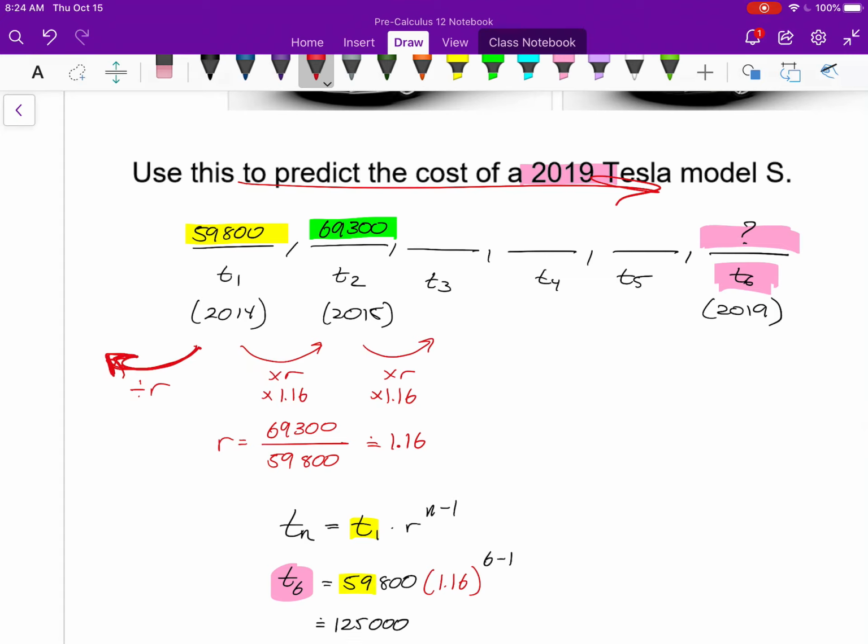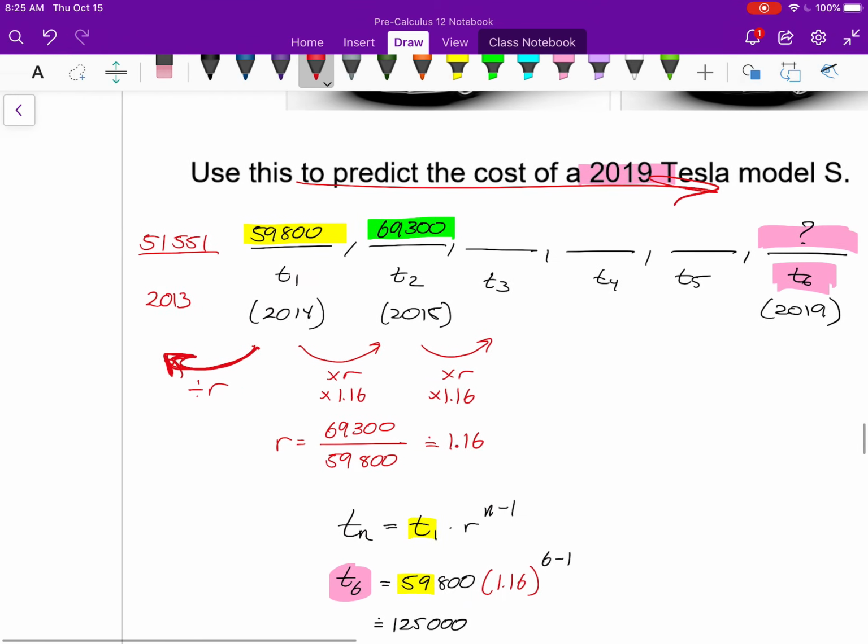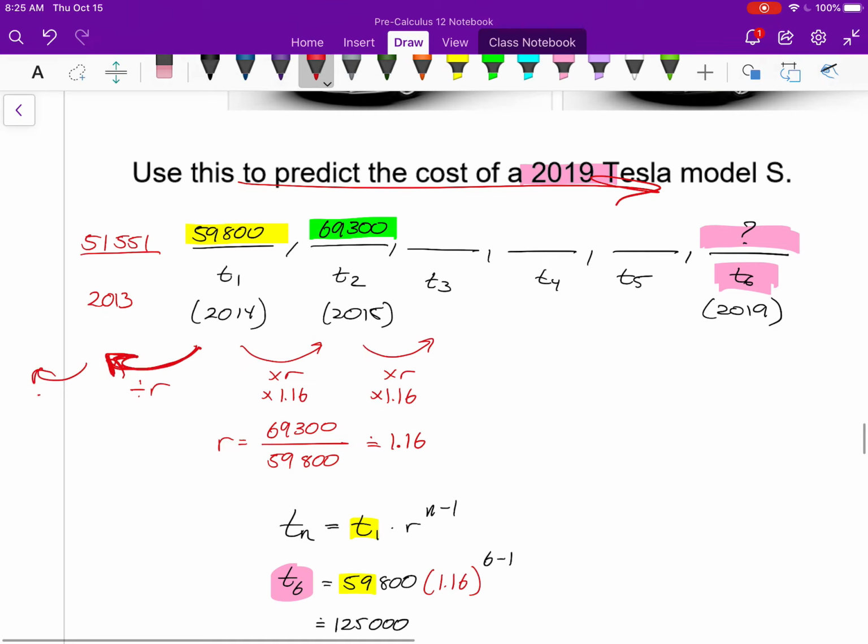I simply take my 59,800, divide by 1.16, and according to my model, I could say term 0, the 2013 model, would be $51,551. Not enough. So I go back again, divide by r again. I take that number, divide by 1.16 again, and not surprisingly, I'm now under 50,000.